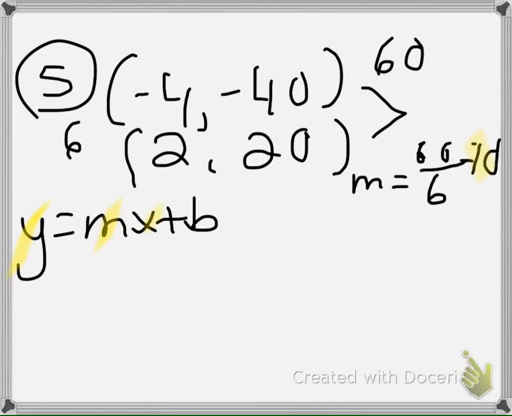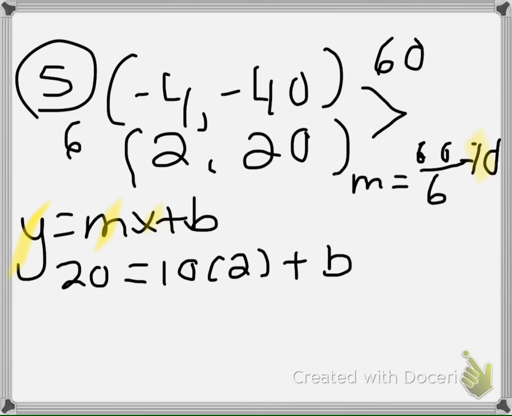Okay, I'm going to use the 20 here because it doesn't have a negative. So 20 is equal to my m of 10 times my x of 2 plus b.